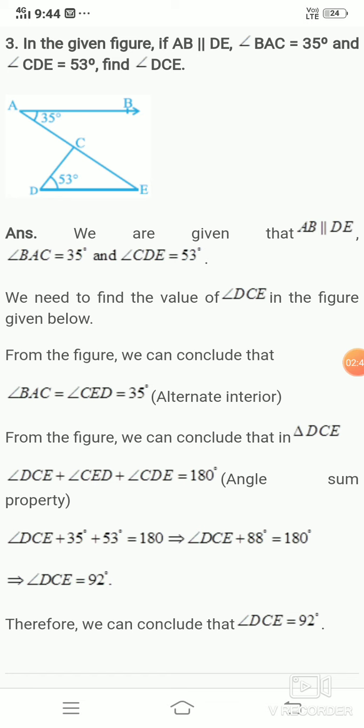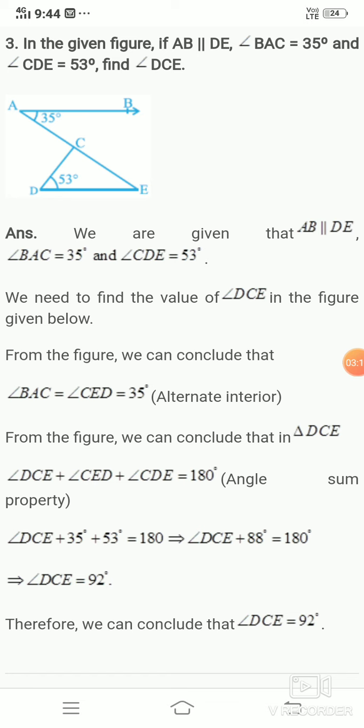From the figure we can conclude that in triangle DCE, with angles at D, C and E, DCE plus CED plus CDE, the sum of these three angles is 180 degrees.